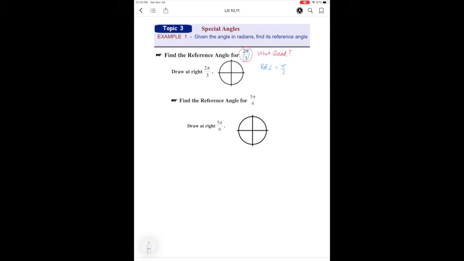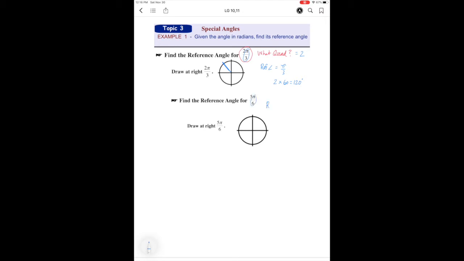But that 2 in front of it just means you have 2 of those, so you're going 2 times. Now I quickly convert pi over 3 into 60, and I know it's 120, and I know 120 is in this quadrant, so I know it's in quadrant 2. So I can quickly convert to degrees and get the drawing.